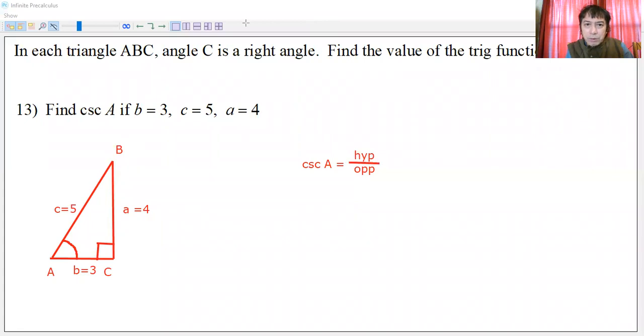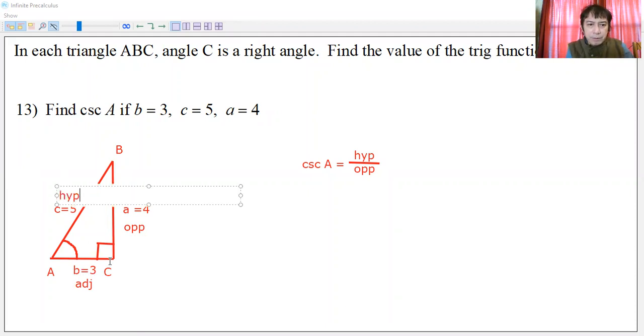Now, this is also equal to what sides in our triangle. Considering angle A, this must be the opposite, and then this must be the adjacent, and the C equal to 5 must be the hypotenuse.